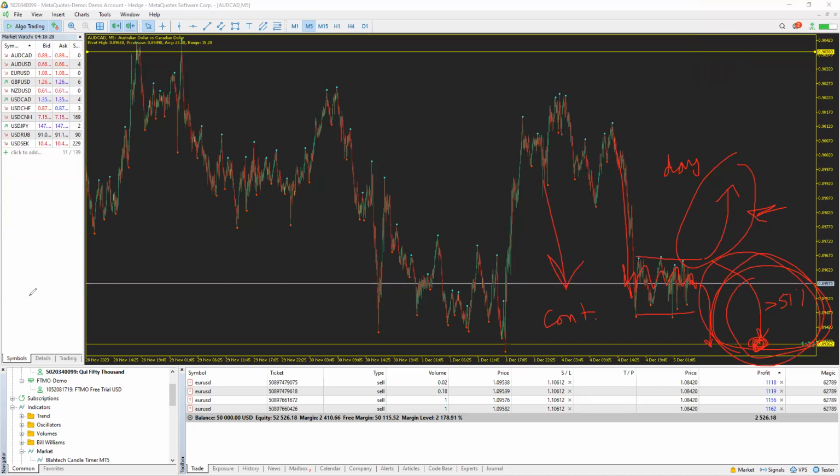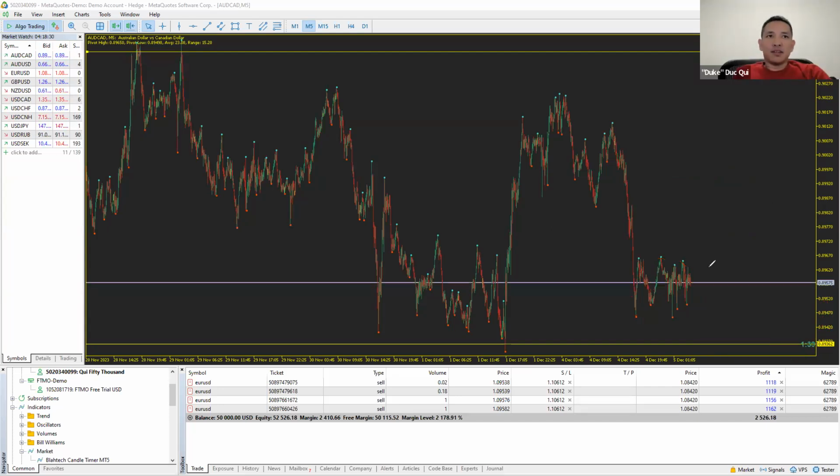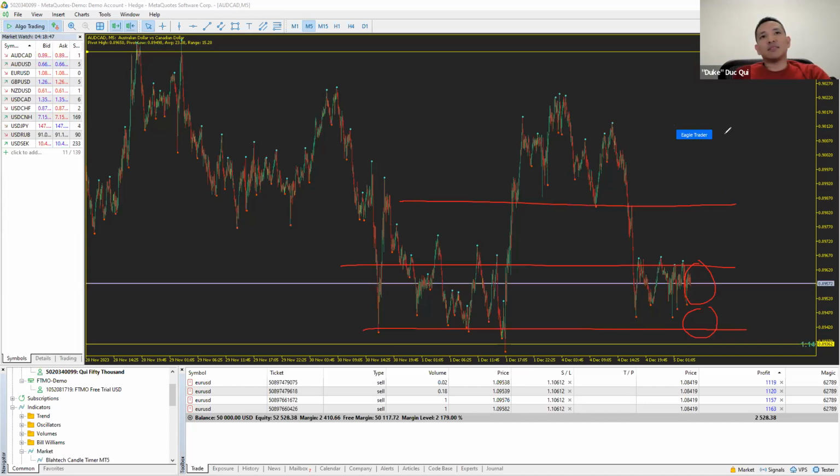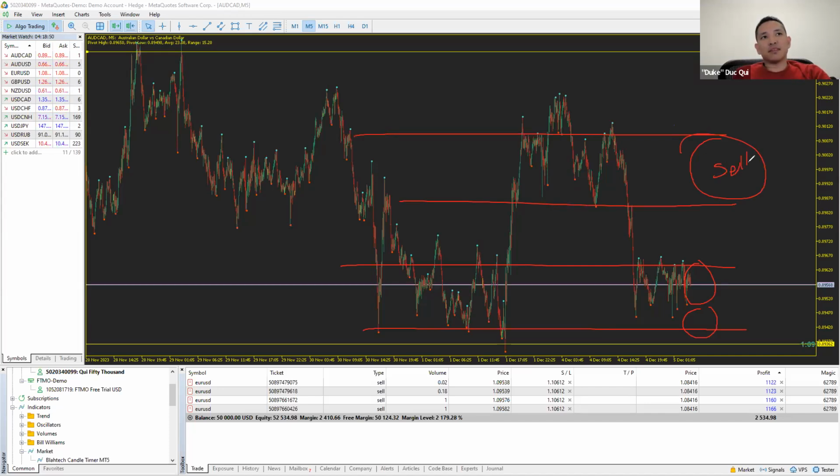Okay, so the way I would trade, I would be light here in case it turns, and I would go heavy here. Isn't that how David trades? Okay, for him, he might be light here, heavy up here. Why? Because this is the best place for sells. So he would probably be heavier here and light here.